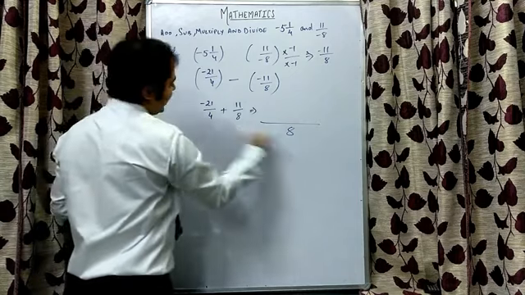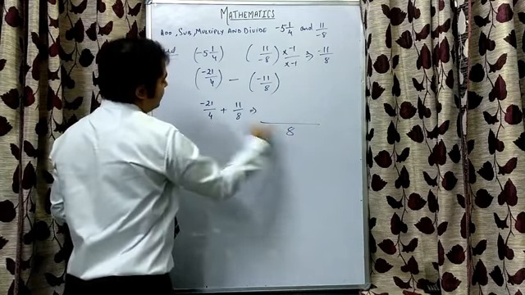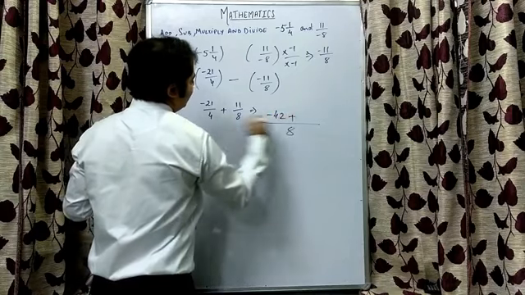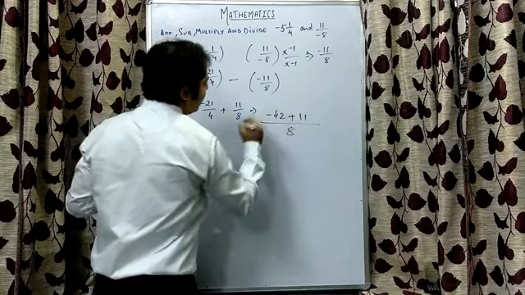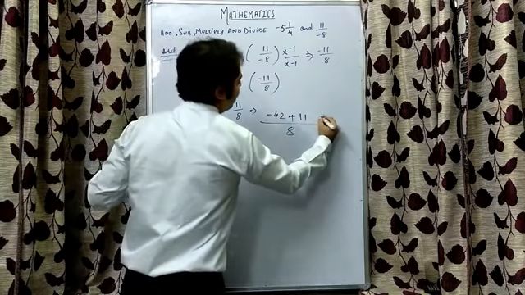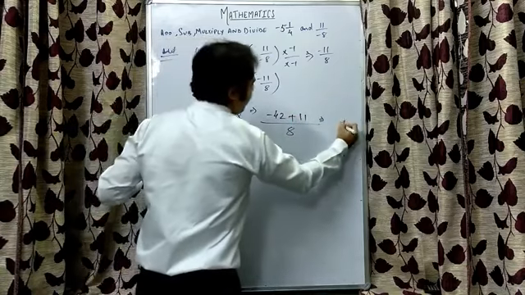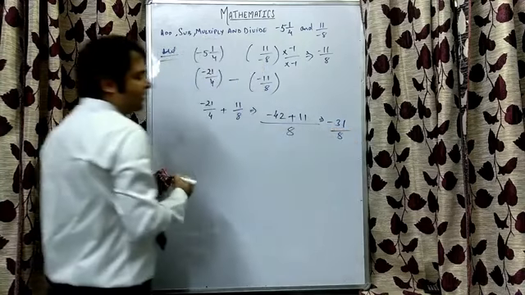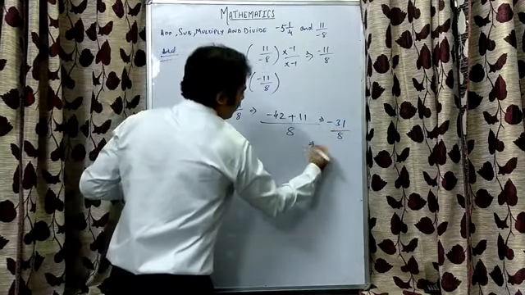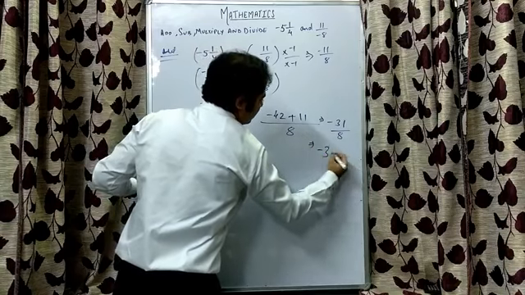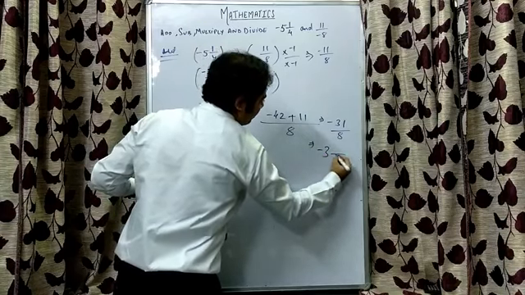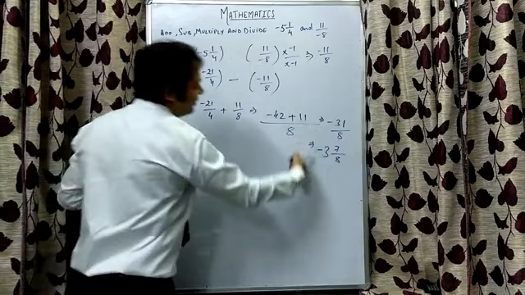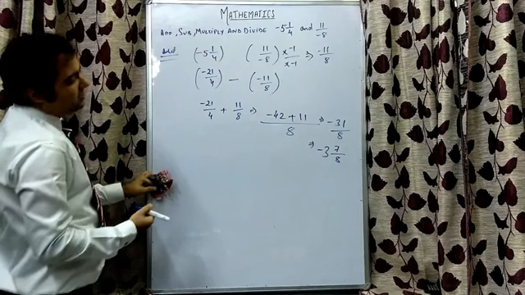LCM of 4 and 8 is 8, 4 goes into 8 2 times, minus 21 into 2 is minus 42, then plus, 8 goes into it one time. Now since signs are different, we will subtract. 42 minus 11 gives 31, with the sign of the bigger one, upon 8. Now 8 3s are 24. This is in mixed fraction format.